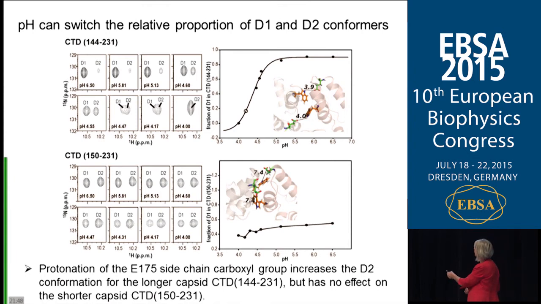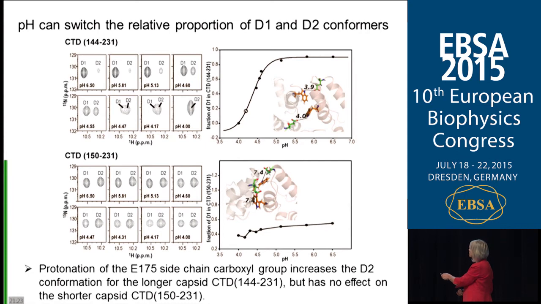If you work at net neutral pH, and obviously we did our structure at neutral pH, we have this one conformer we did the structure of. If you go down to pH 2, you see that the second conformer comes up, and we can really titrate that. And it's basically just the protonation of one side chain, the glutamate 175 side chain.